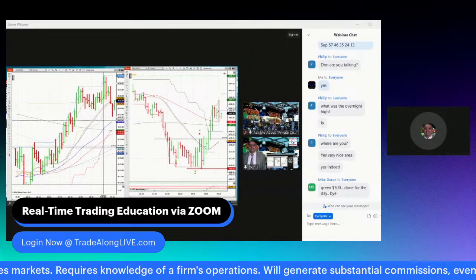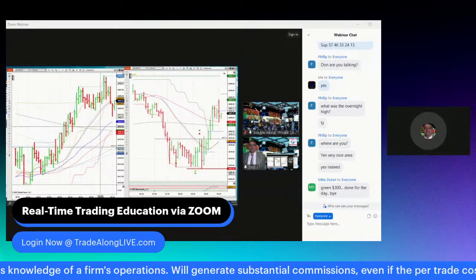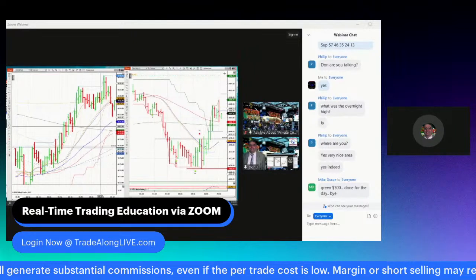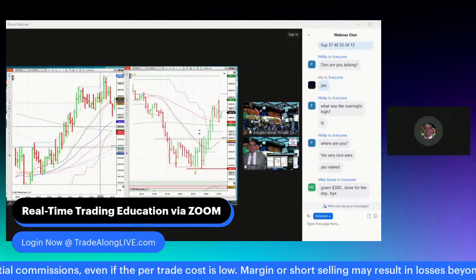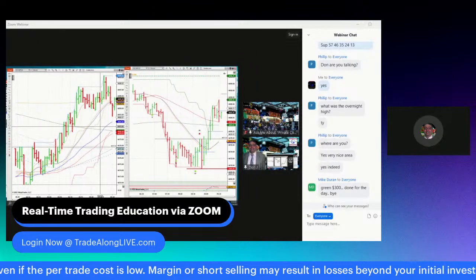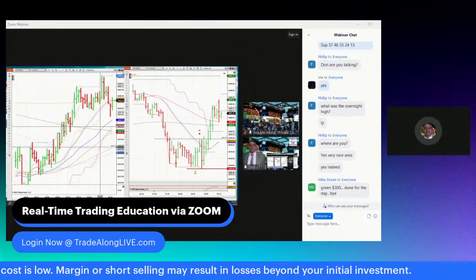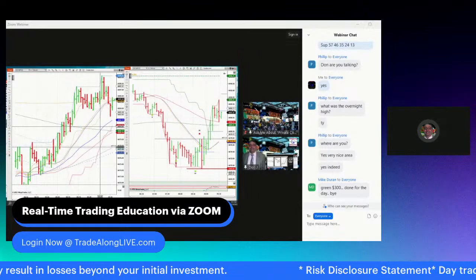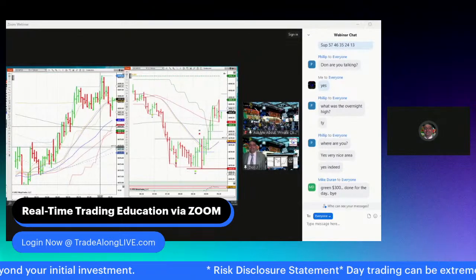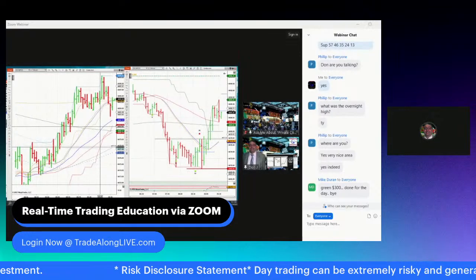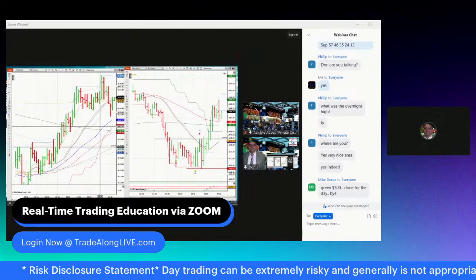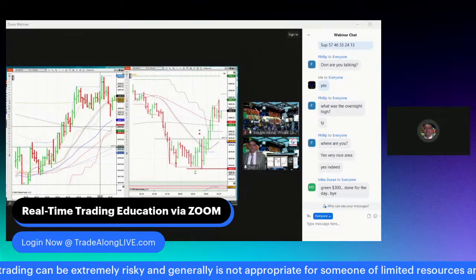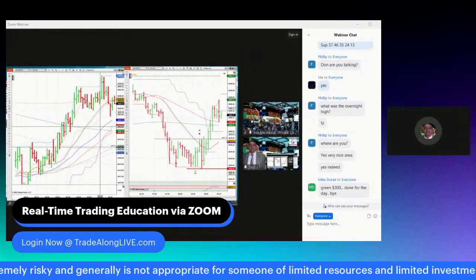I don't know if y'all can see mine. But with the time delays and stuff, you're going to have your own charts and your own data.